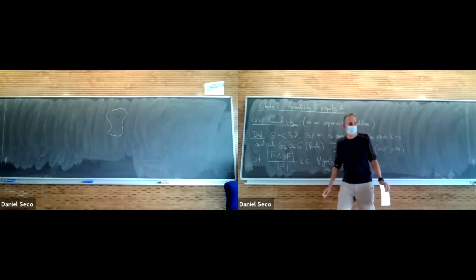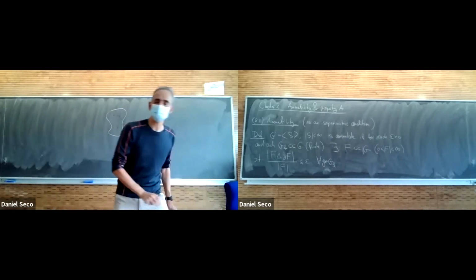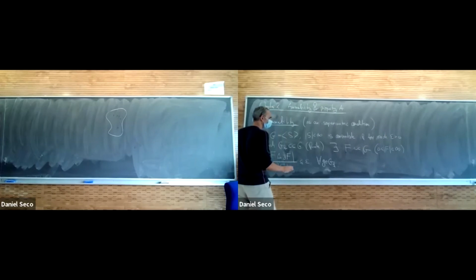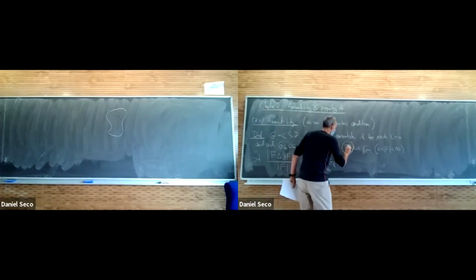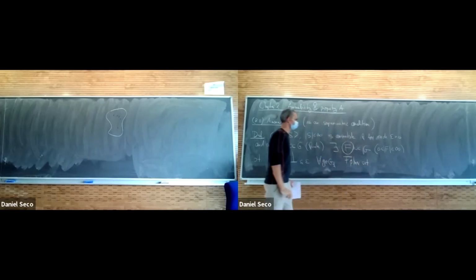Yeah? And these sets are called Fernando sets. Very important and interesting. So this F is called the Fernando set. This is the isoperimetric ratio.